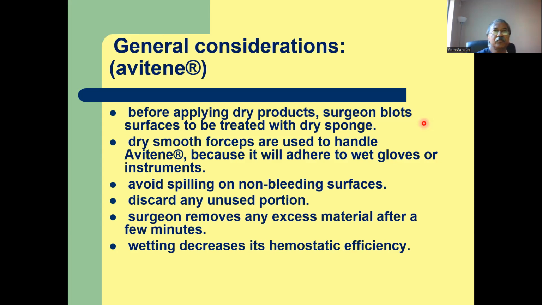And then we will not use our gloved hand. We're going to use tissue forceps. Using the tissue forceps, we can pass that strip to the surgeon, and the surgeon will apply it to the bleeding area. And we have to be careful because this is expensive, so we don't waste any of this Avitene powder.